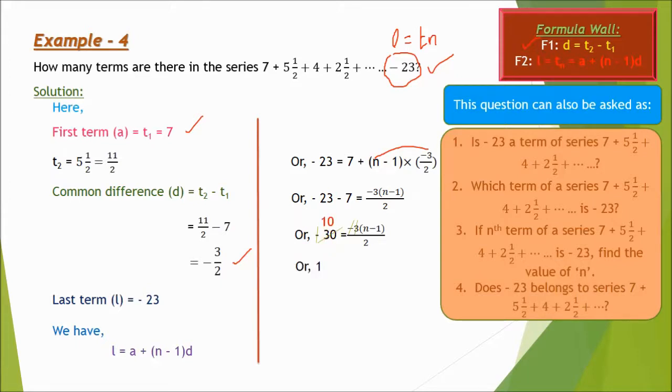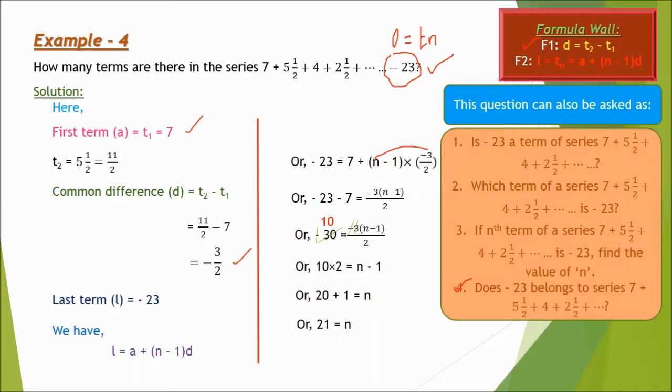Multiplying this by minus 3 by 2, that is 30 is equal to minus 3 times n minus 1 by 2. With the cancellation, you can see on the screen, minus and minus are cancelled, and 3 ones are 3, 3 tens are 30. Now multiplying 10 and 2 on cross multiplication, that will be equal to n minus 1. Now 20 plus 1 is equal to n, and 21 is equal to n.